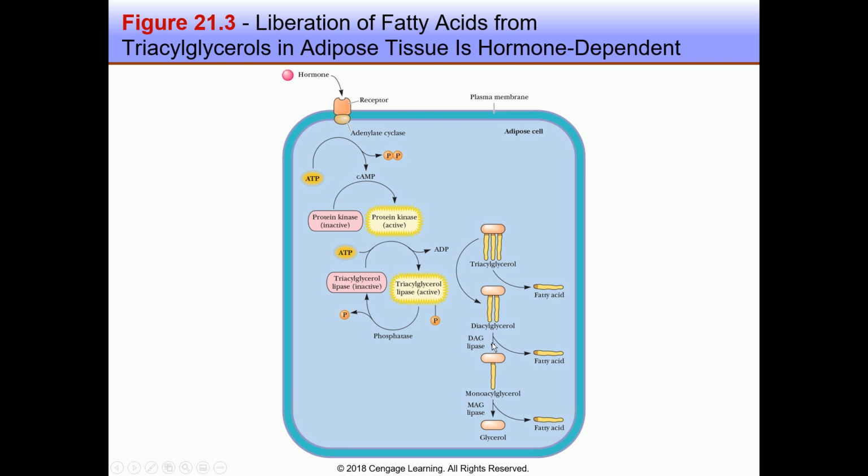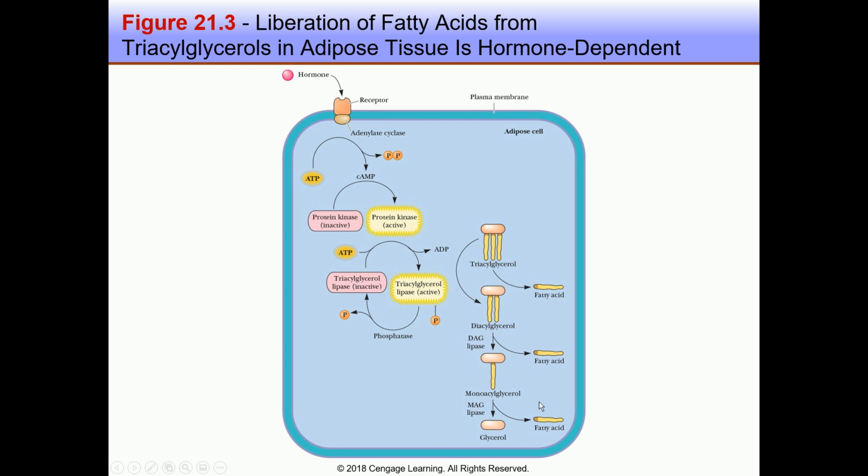this is the molecule with two fatty acids. This is called diacyl glycerol, glycerol with two fatty acids. Then with the help of another enzyme called DAG lipase, the second fatty acid is removed, and now there is glycerol with one fatty acid. It's called monoacyl glycerol.